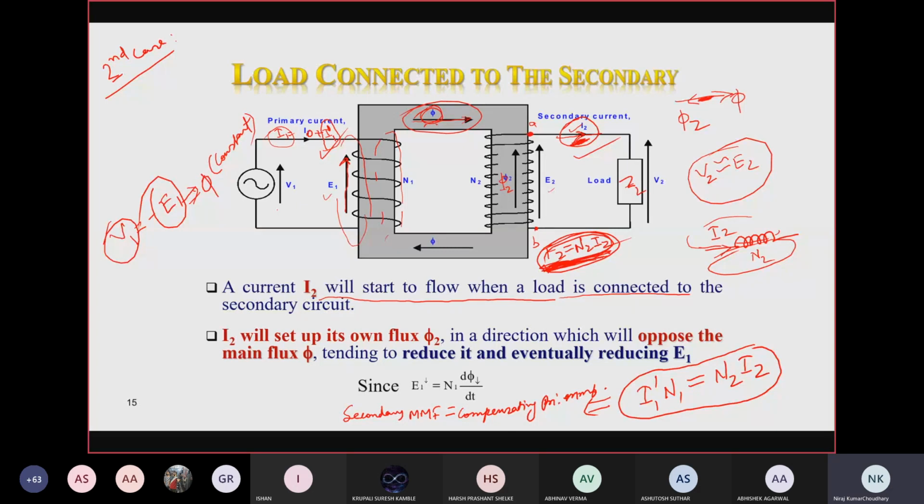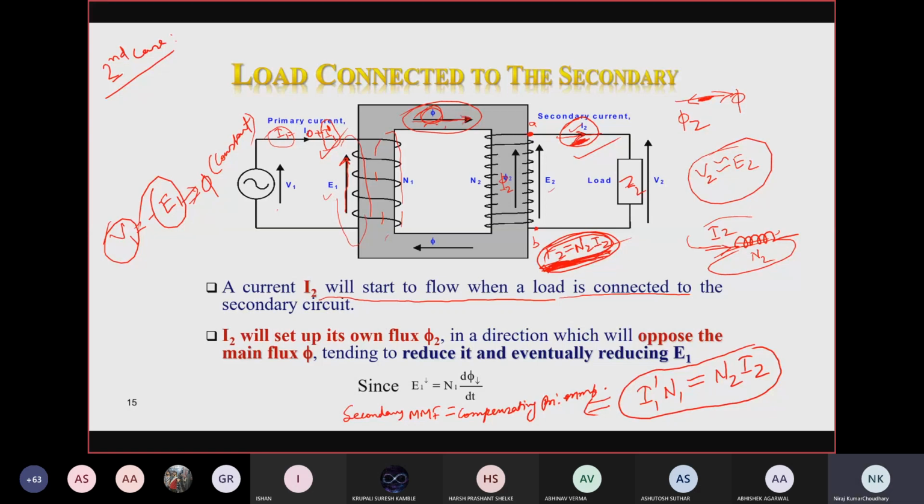The direction of the current I2 should be such that the MMF produced due to this current I2 in the secondary coil should oppose the cause, which is the flux, as per Lenz's law. So the opposing flux will have a tendency to reduce the main transformer core flux, that is phi.